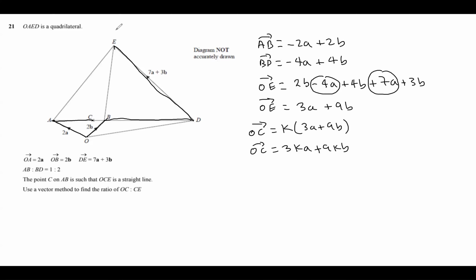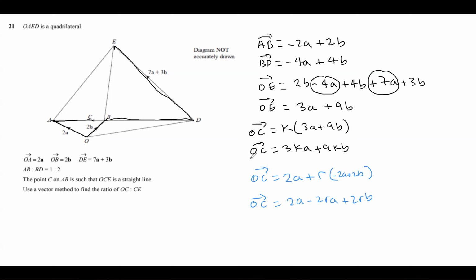So I can now say OC can be expressed as 2a plus some multiple of AB. And I've already worked out what AB is. So that's minus 2a plus 2b. So again, OC is 2a minus 2ra plus 2rb.